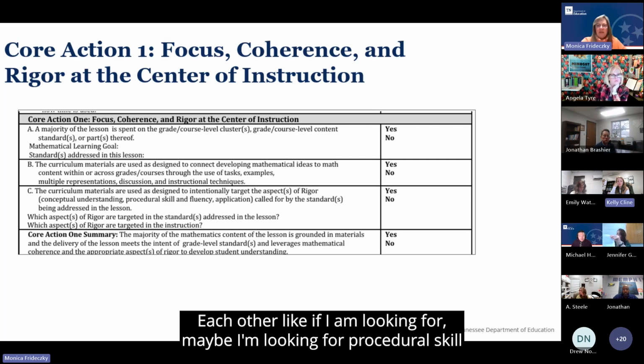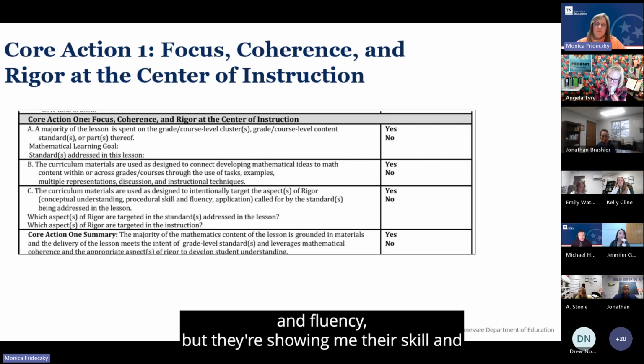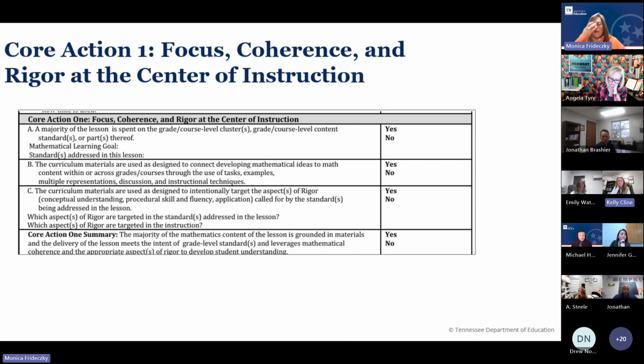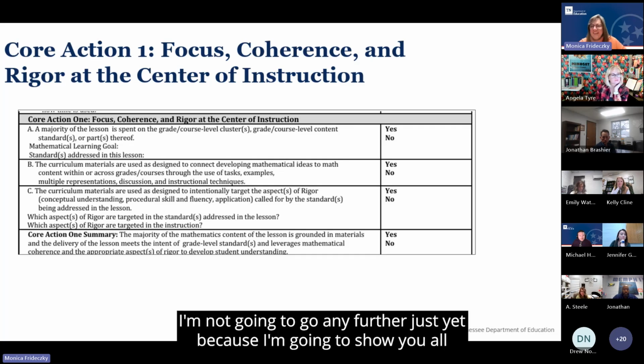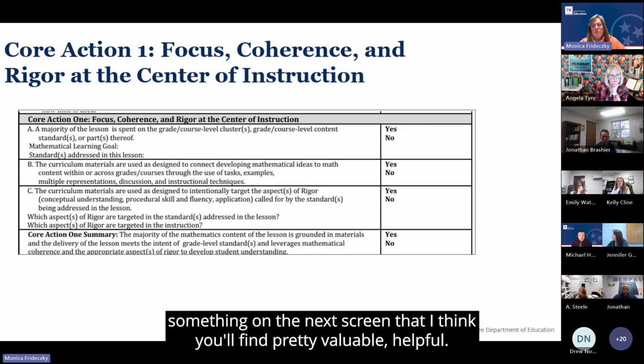Maybe I'm looking for procedural skill and fluency, but they're showing me their skill and fluency through an application task. Right. I'm not going to go any further just yet because I'm going to show you all something on the next screen that I think you'll find pretty helpful.